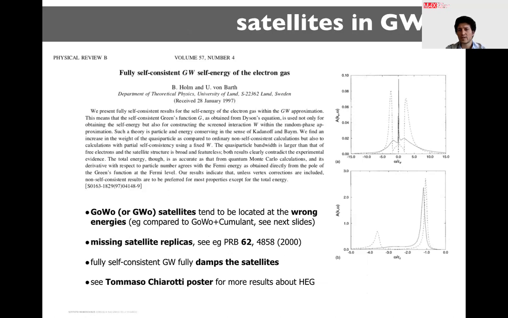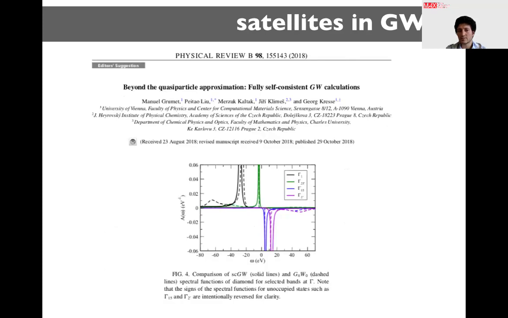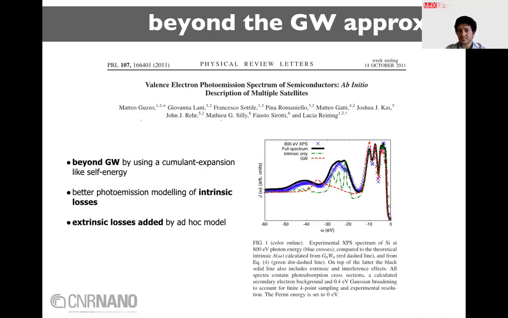Also, for simple systems such as the homogeneous electron gas, it was shown that GW basically does not describe satellites very well, and even worse when going to full self-consistency of the method. Satellites are really damped. This was also recently reported for more realistic systems.